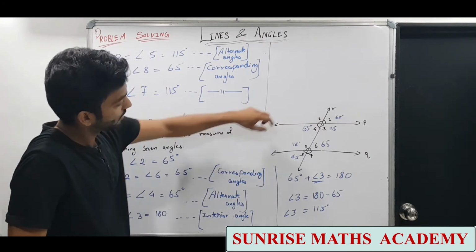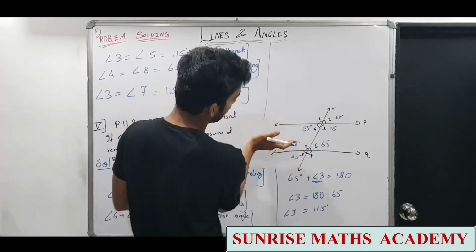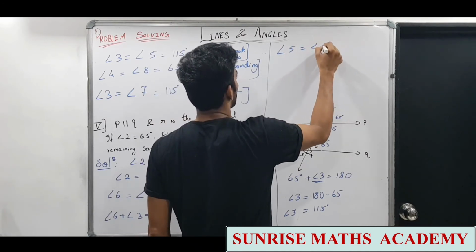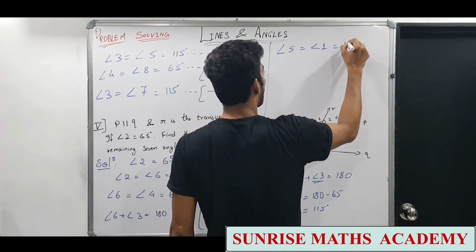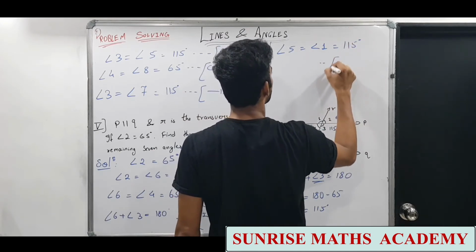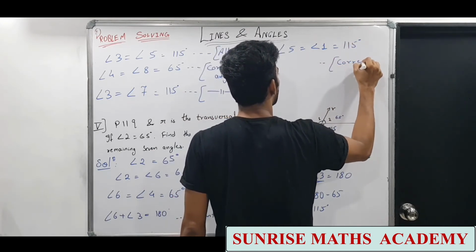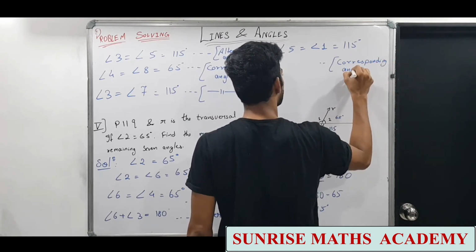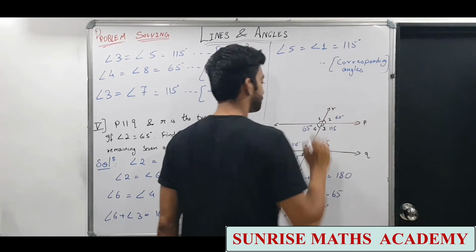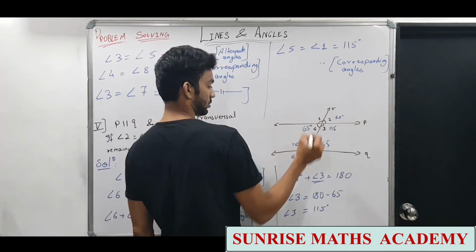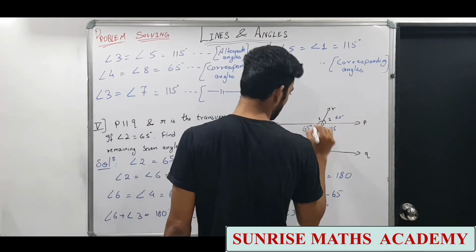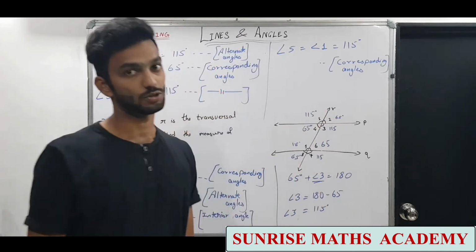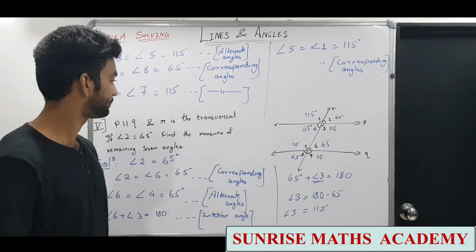Which is remaining only angle 1, which is 5 के साथ corresponding लेंगे. Angle 5 = angle 1 = 115, corresponding angle. So this is also 7 is 115, this is 115. Vertically opposite भी हम देख सकते हैं, that is also 115.